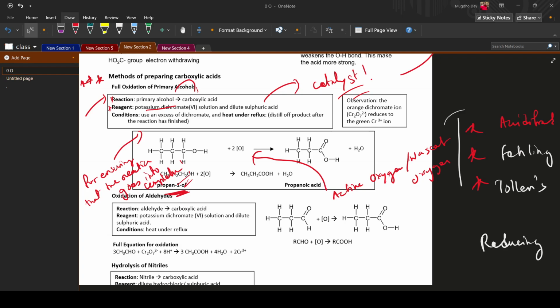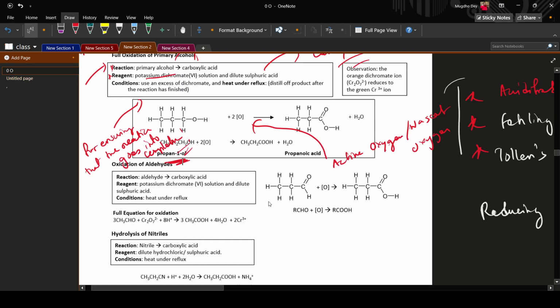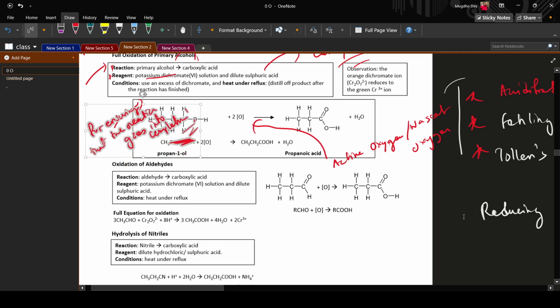Okay, we have. So that's done. Another way of producing carboxylic acid is oxidation of aldehyde.